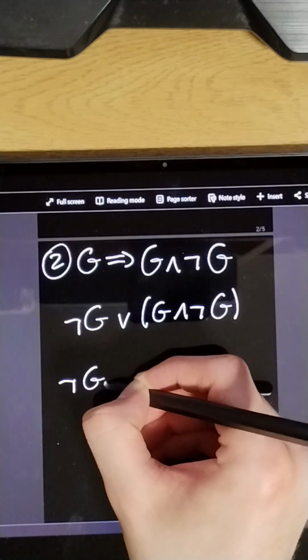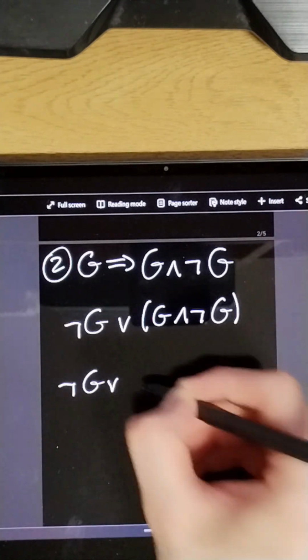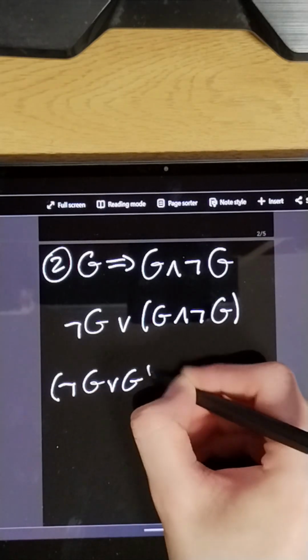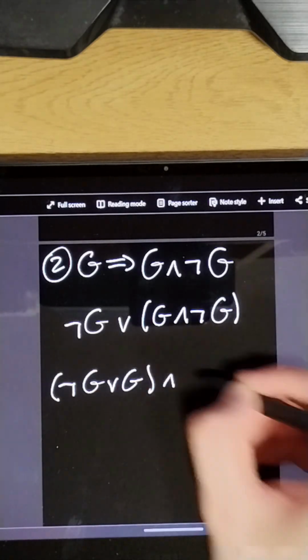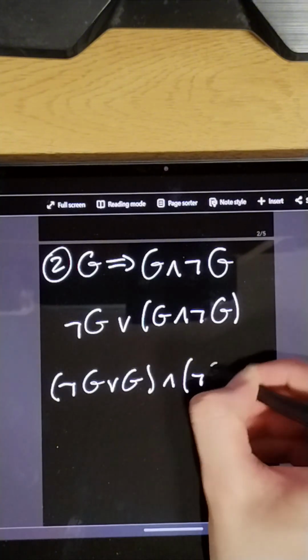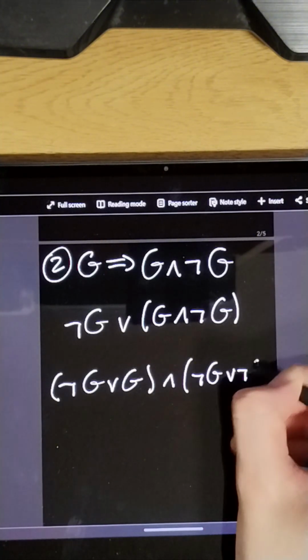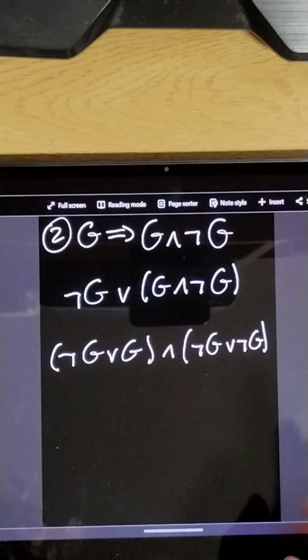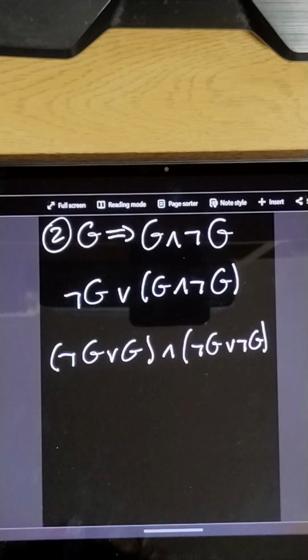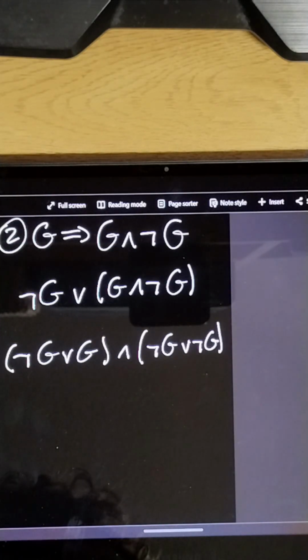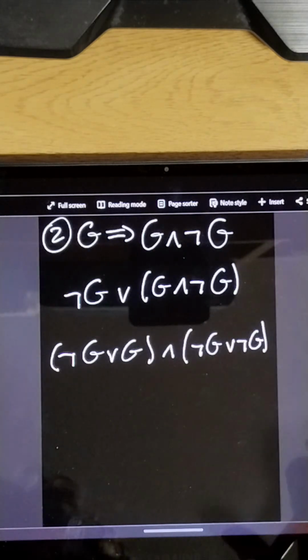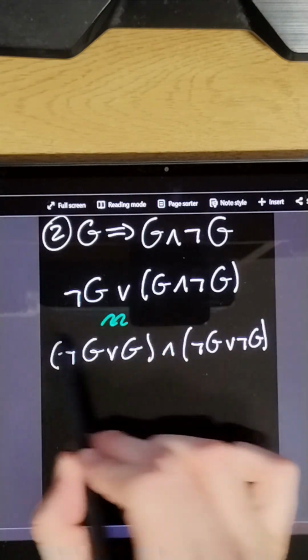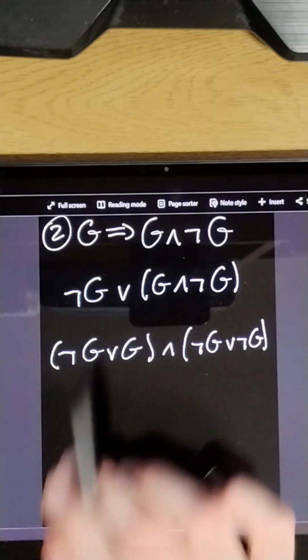We'll have not G, or we'll have G, and we'll have not G, or not G. Both of these can be simplified, and I'll show you how that's done. So with this first one, this is basically defining a constantly true statement.